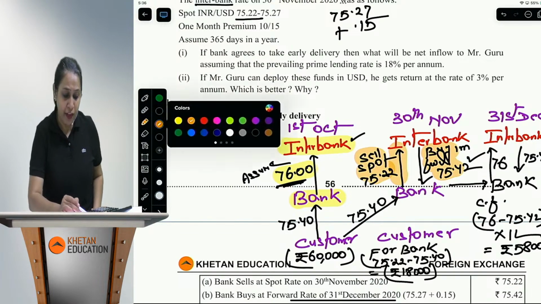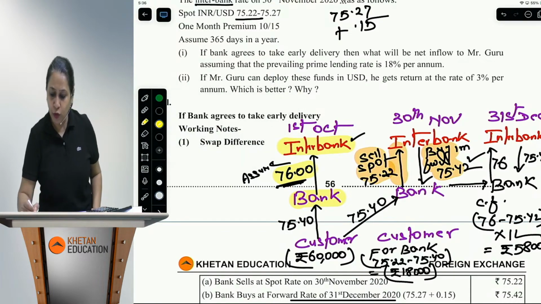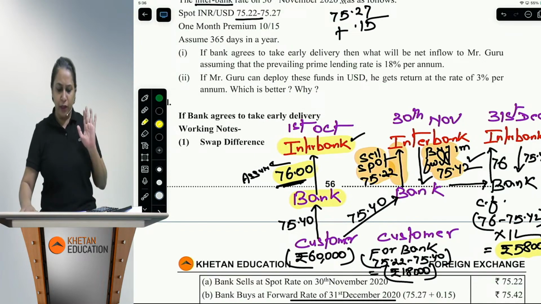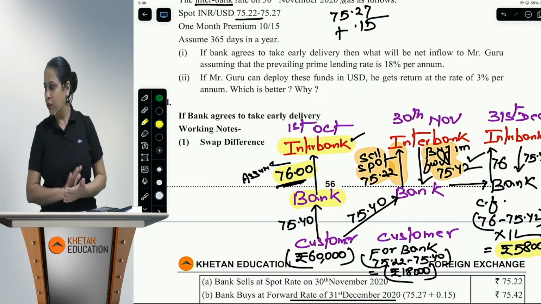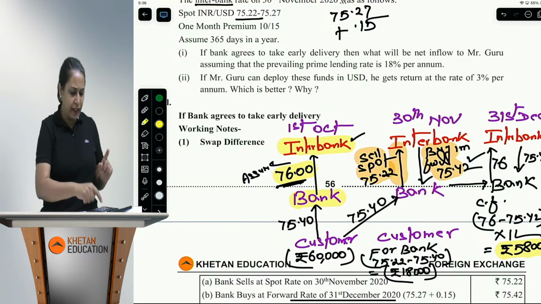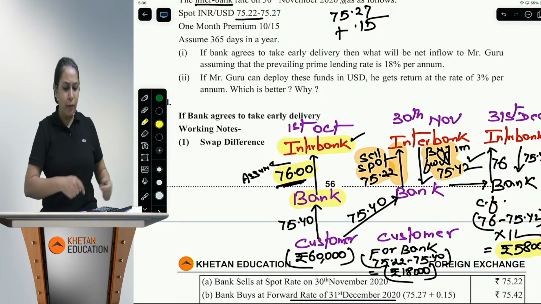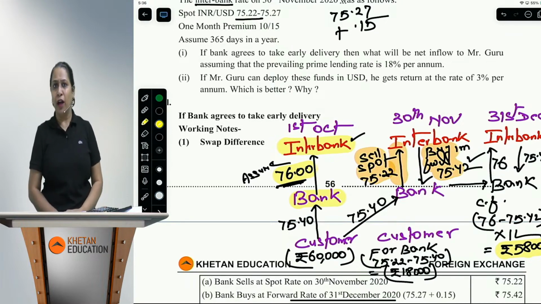Now, be very, very careful. The bank had a gain of 58,000 and a loss of 18,000, correct? 58,000 is the gain and minus 18,000 is the loss. How much is the gain? 40,000.